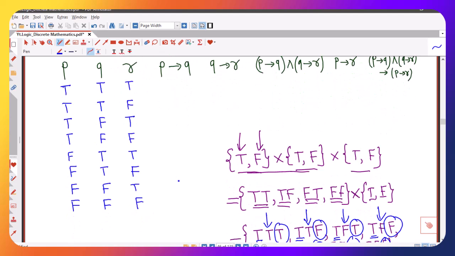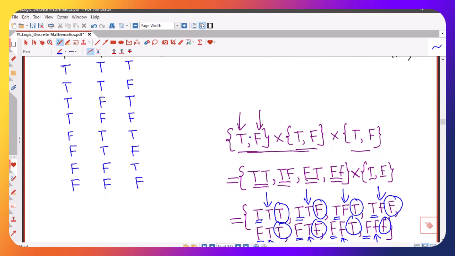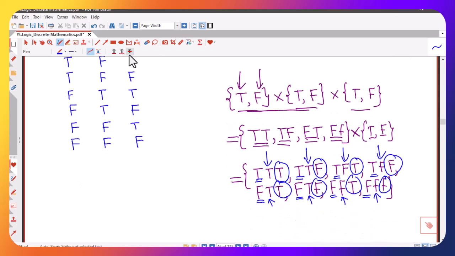If you wish you can remember this. This is easy to remember. For P, first 4 T, then 4 F. For Q, first 2 T, then FF, then TT, then FF. For R, alternately TF, TF, TF. So you don't have to do this Cartesian product every time.